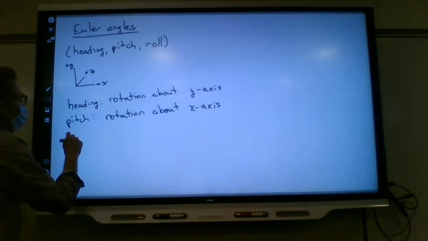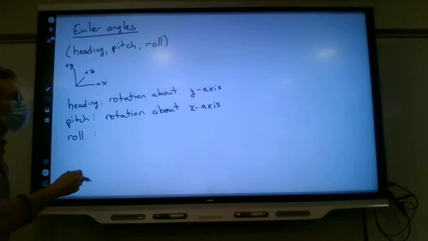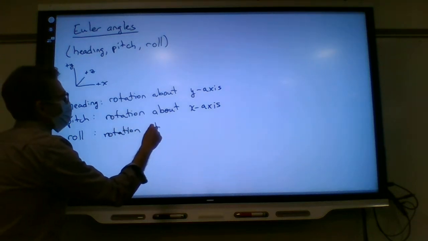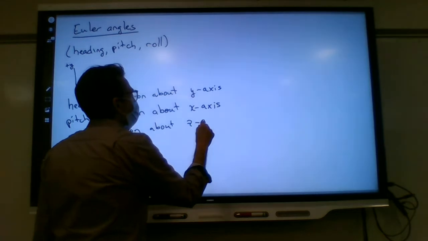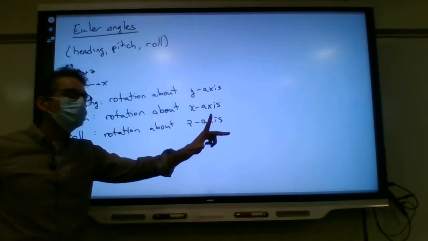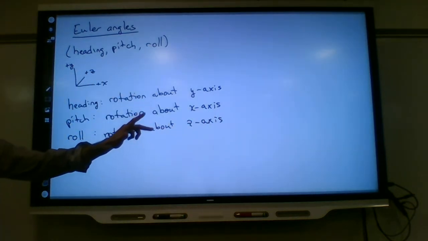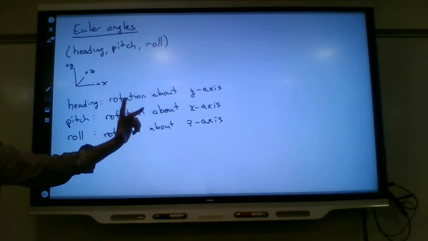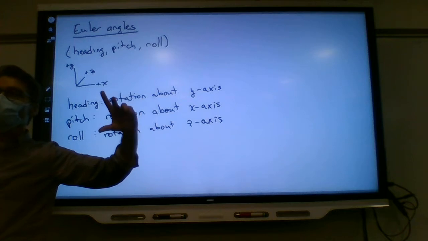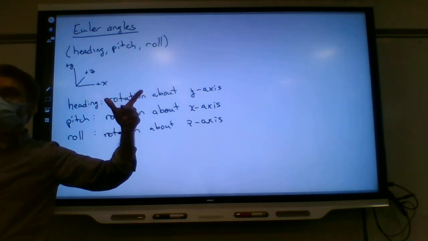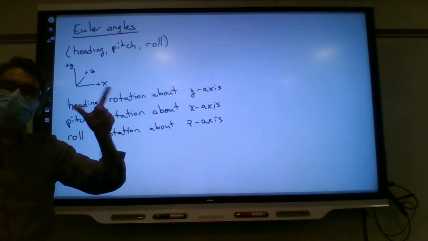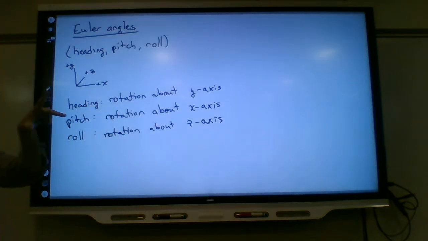What about roll? And which is positive there? That way is positive. All right, so looking at it again from the end of the axis. All right, so what do we have from inside the object?